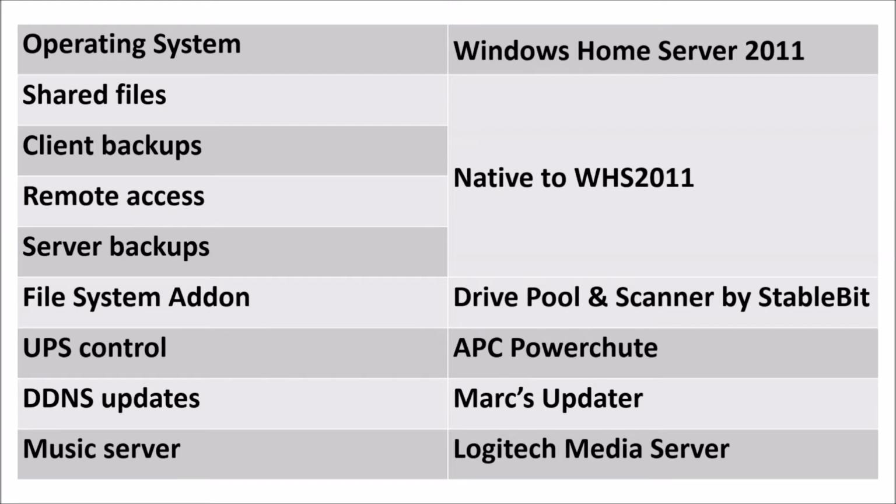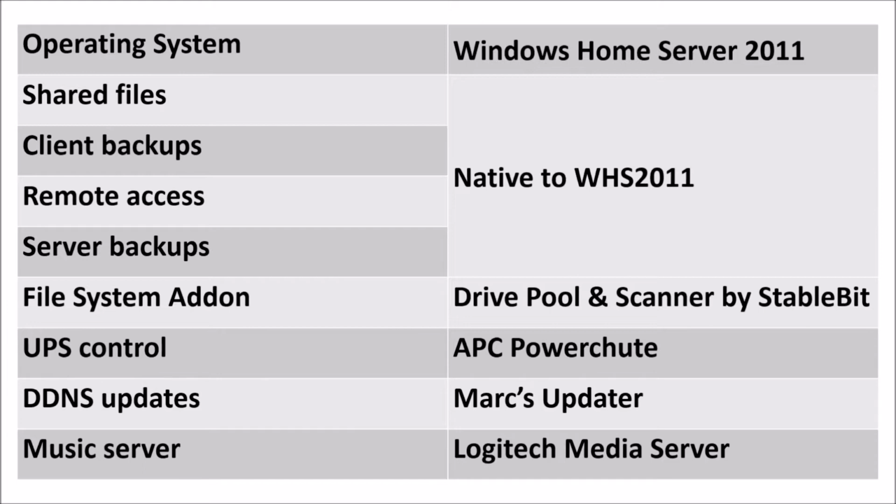I was able to run PowerChute from APC to monitor and control my uninterruptible power supply. And I'd recommend putting all your PCs in addition to any servers on a UPS, just to take care of low voltage, high voltage surges and spikes and whatever. It really comes in very handy.